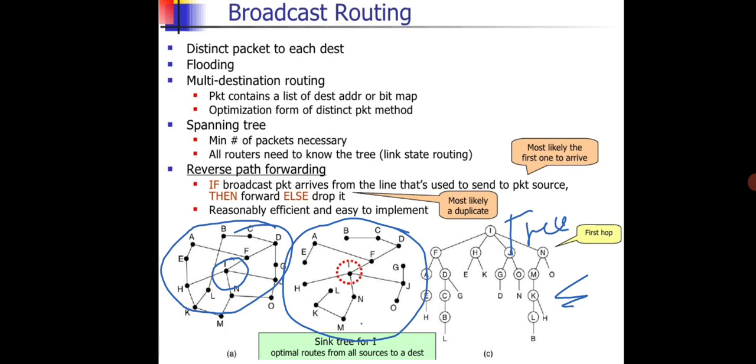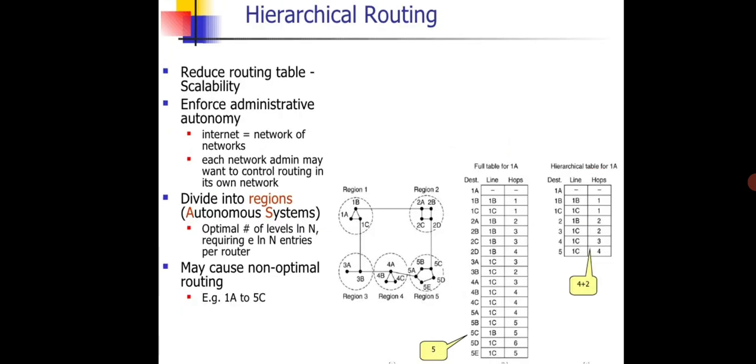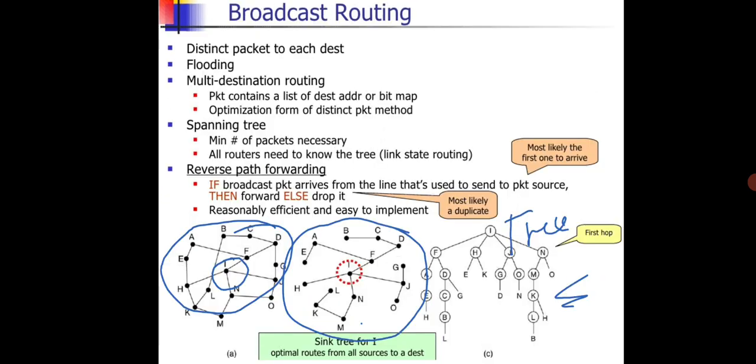Multi-destination routing is a part of broadcast routing, where each packet contains a list of destination addresses or a bitmap, as I told you. Then you have a spanning tree with the minimum number of packets necessary, that is your sink tree, and then the tree which has been generated.